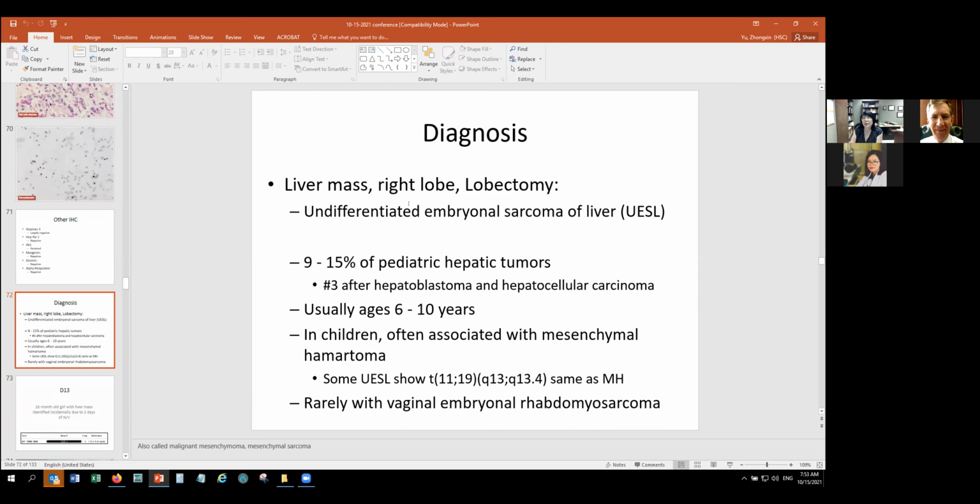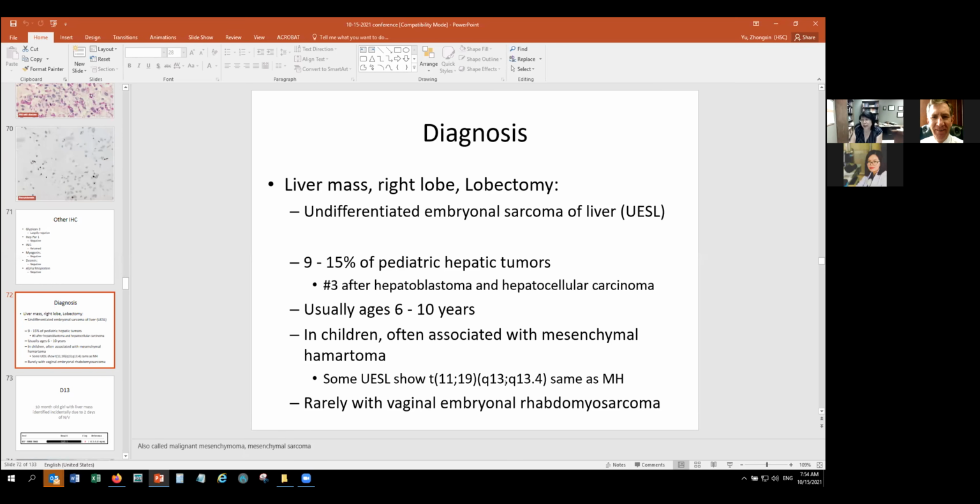It's a very unusual entity. Just a quick summary: it accounts for 9 to 15% of pediatric hepatic tumors, number 3 after hepatoblastoma and hepatocellular carcinoma. Usually age 6 to 10. People say it occurs exclusively in the pediatric age. In children, it's often associated with mesenchymal hamartoma.